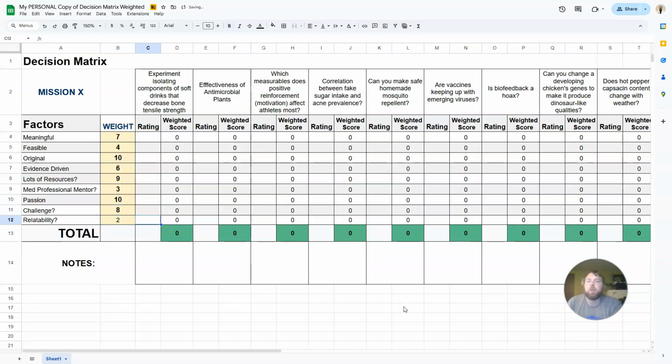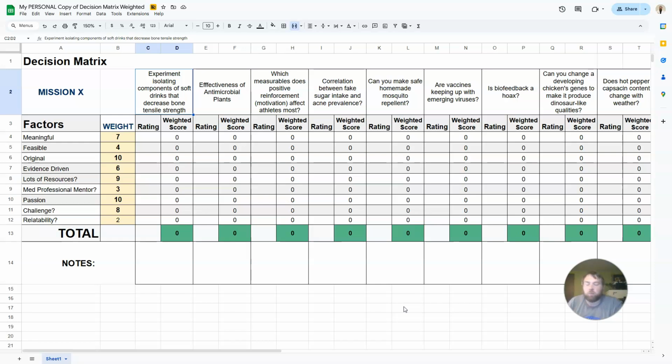And relatable too. Now I'm going to look at each of those possible topic ideas and I'm going to give them a rating in that category on a scale of 1 to 10 or 1 to 5, totally up to you again. For example, when I look at the differences in soft drink chemicals and soft drink parts for bone tensile strength, those things have been researched.